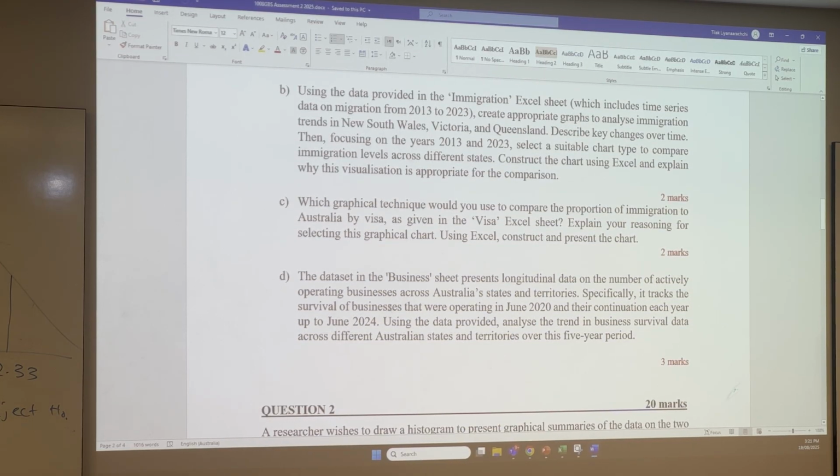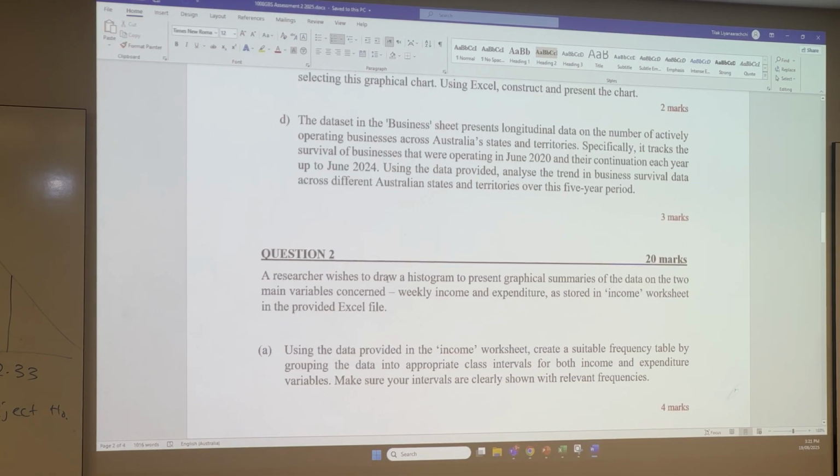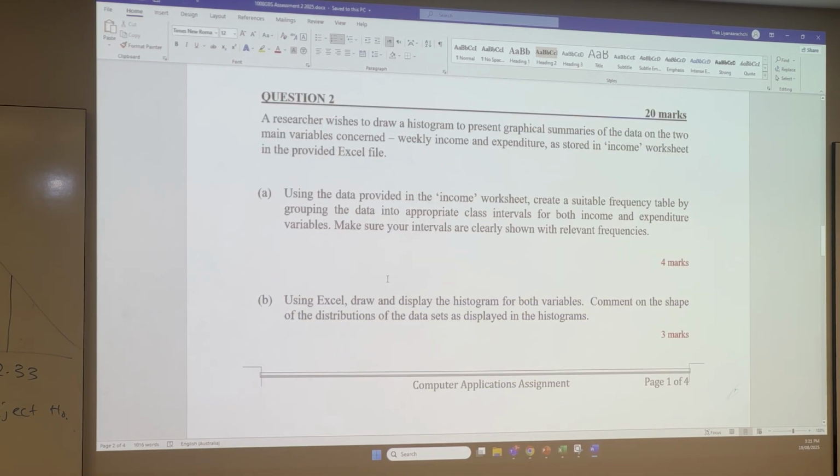So question number D, you have data in the business sheet, so some numbers. So you need to analyze. It doesn't ask directly for a graph, but you need to analyze the data and write something about the behavior of the data.